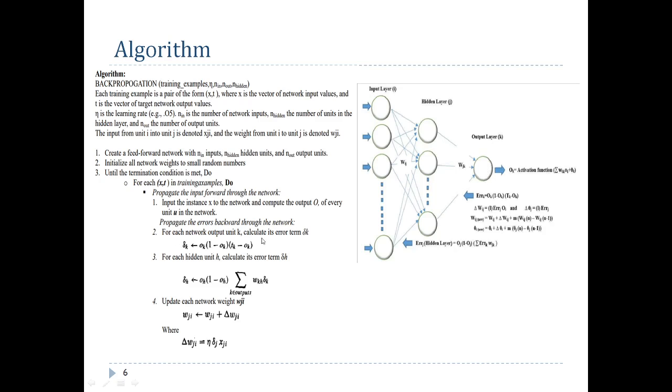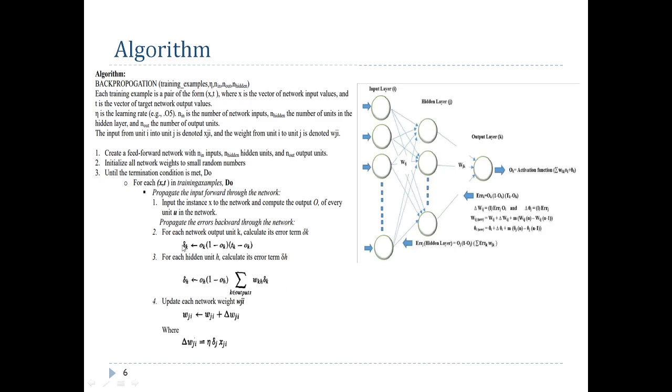This is the formula we use to calculate the error term at the output layer. Then for each hidden unit h, calculate its error term delta h. After the output layer, we have to calculate the error term in the hidden layers, that is, how much the hidden layer contributed to the error. This is the formula for generating the delta h value.